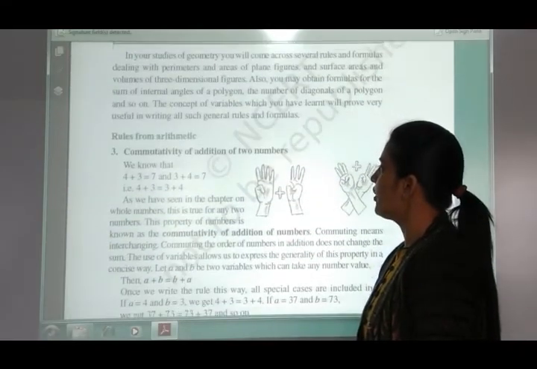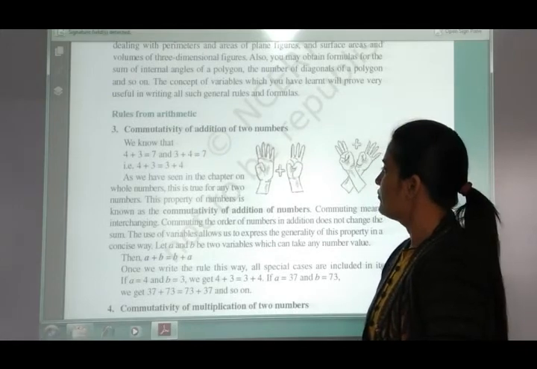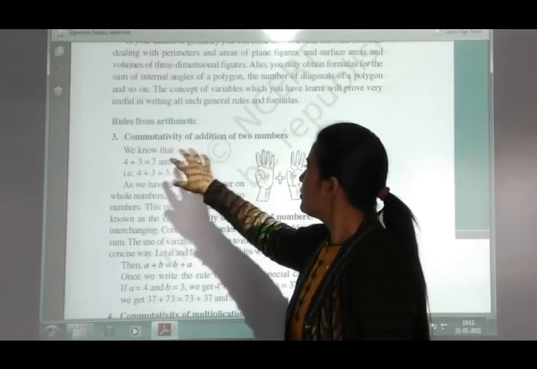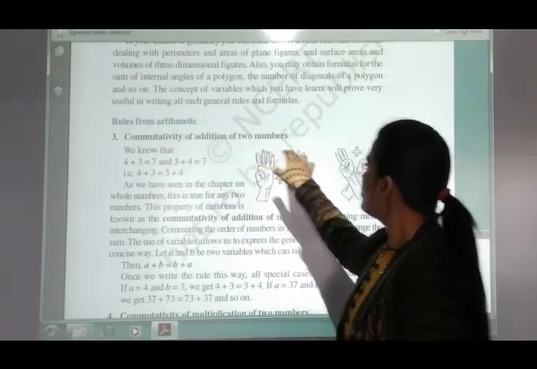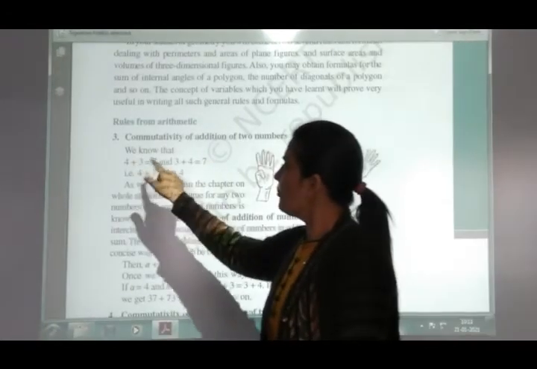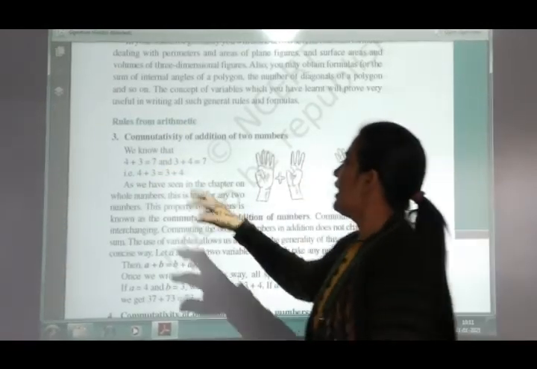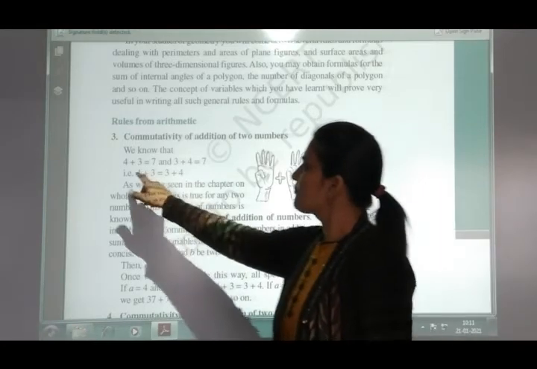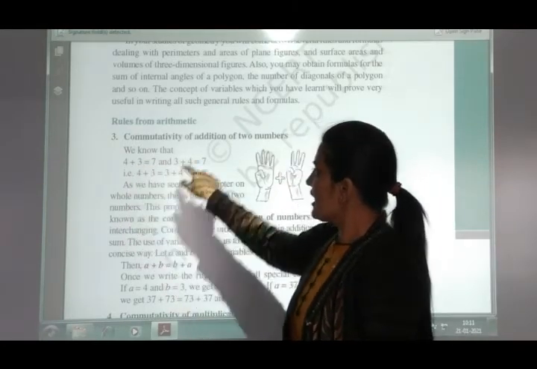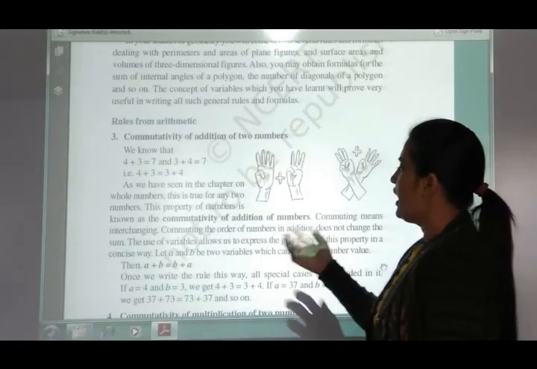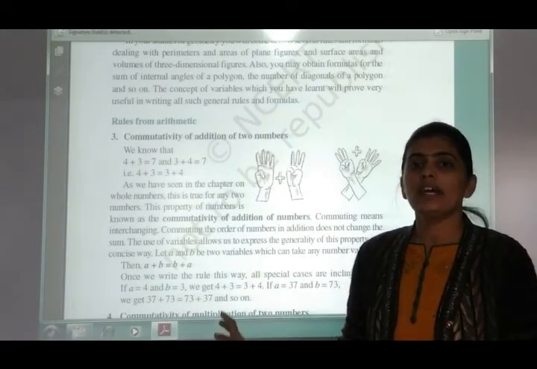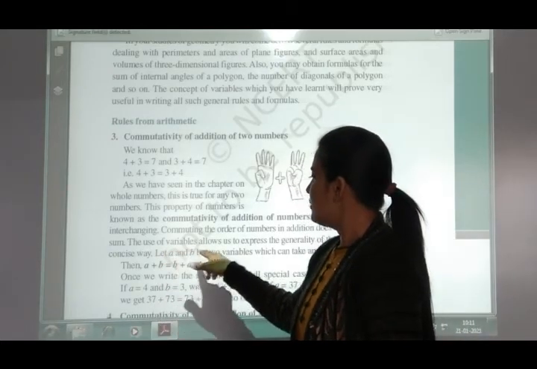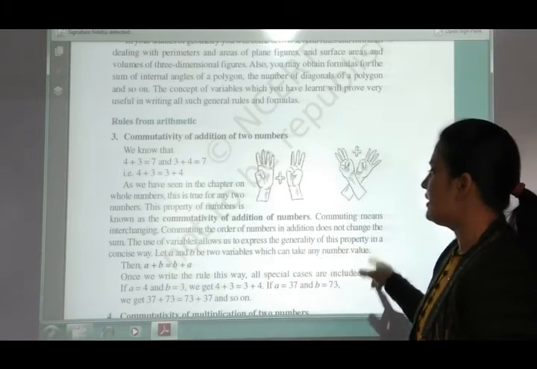Now we will see rules for arithmetic. For numbers, we have seen commutativity of addition of 2 numbers. If you add 4 plus 3, you get 7, and if you add 3 plus 4, you also get 7. That means 4 plus 3 and 3 plus 4 are equal. Now for any numbers, suppose A and B are 2 variables which can take any number.